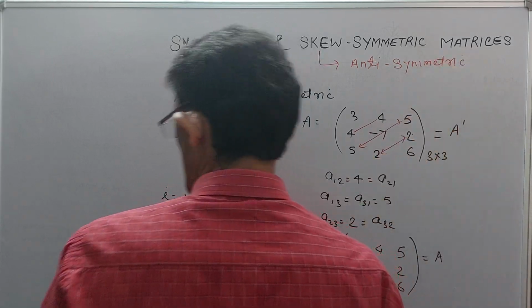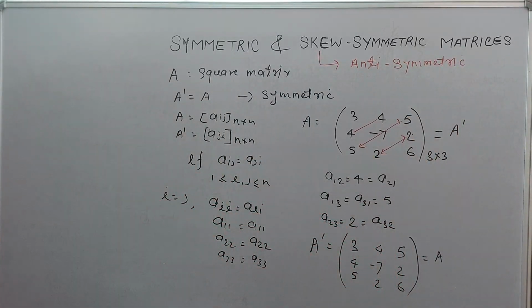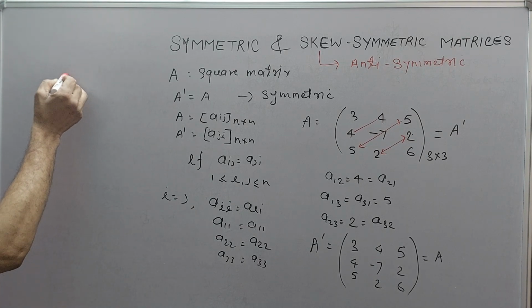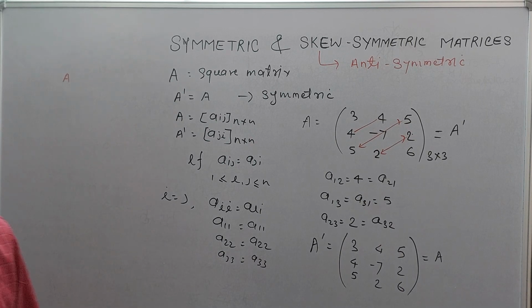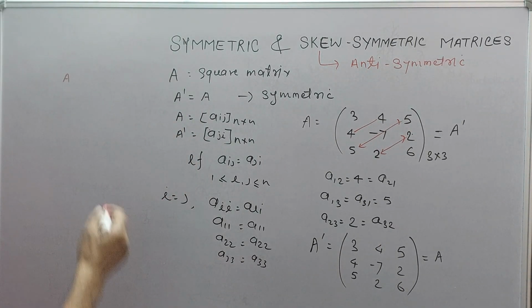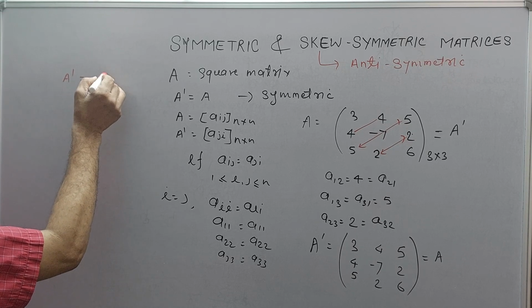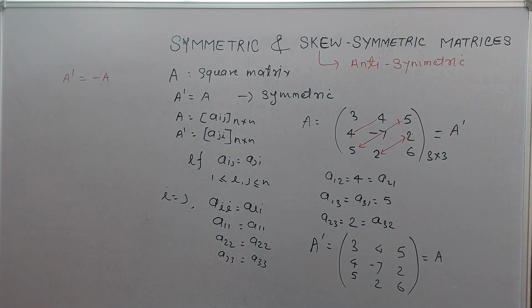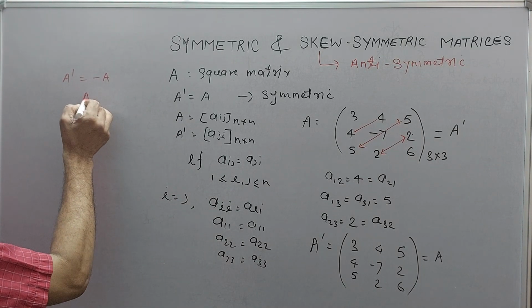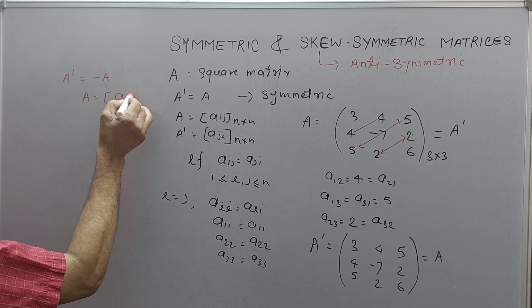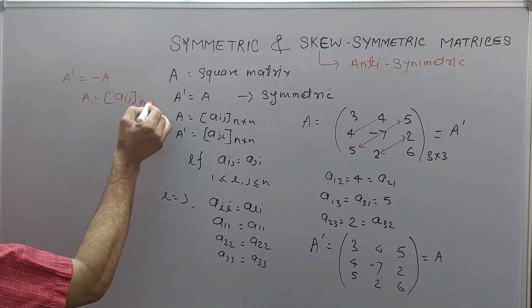So here the condition for an anti-symmetric or skew-symmetric matrix is that A transpose, A dash, should be minus A. Here if I write a general element of A, it will be Aij. This should also be a square matrix.